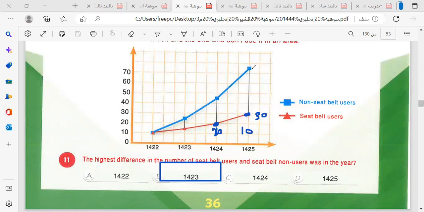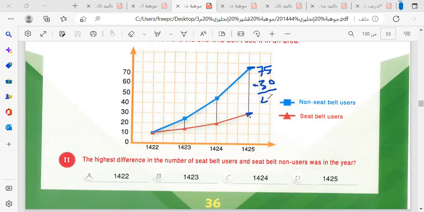Also, non-use here will be 17, and the year 1424. I think that's the difference from here and here. We can find the difference like this, because here, how much will it be? 75 minus 30, right?